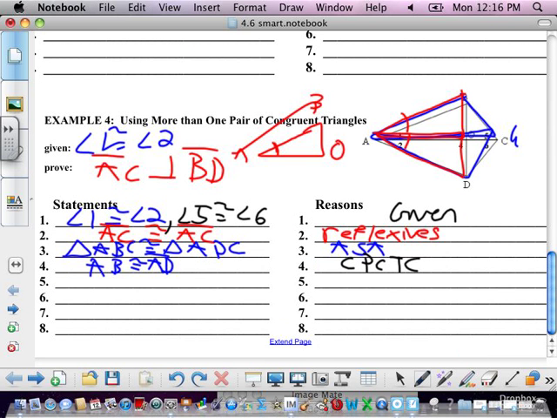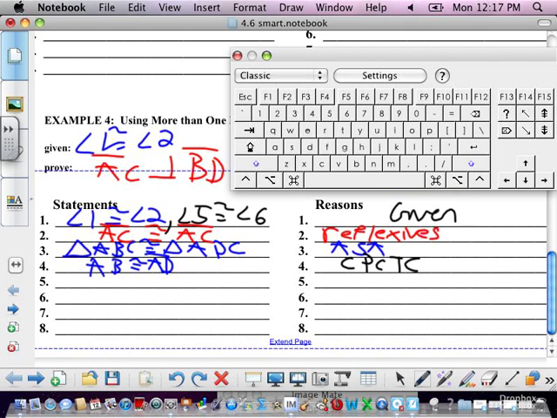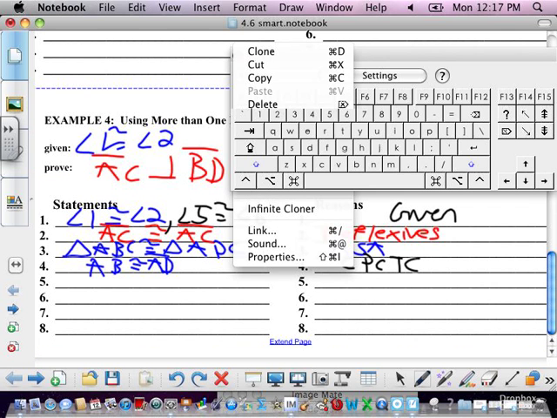So all I've got is the red triangles. I'm trying to prove that they're congruent. What do we have so far? 1 and 2 from the given.